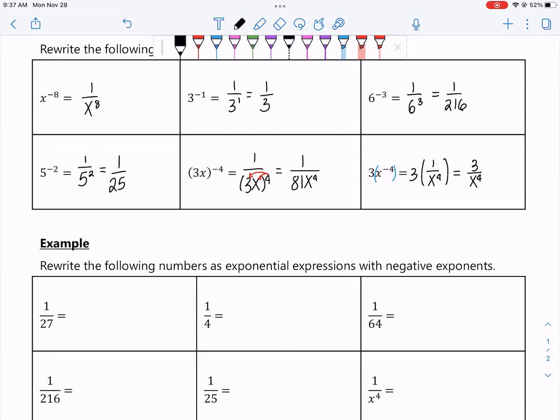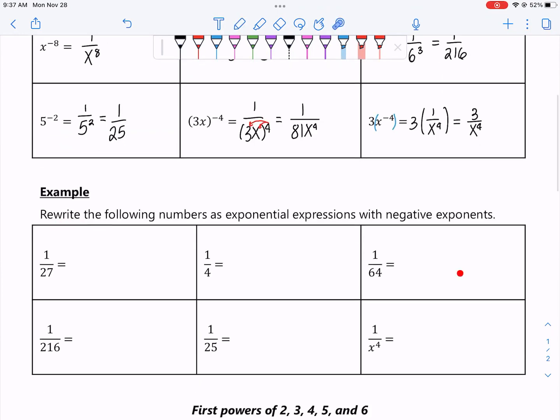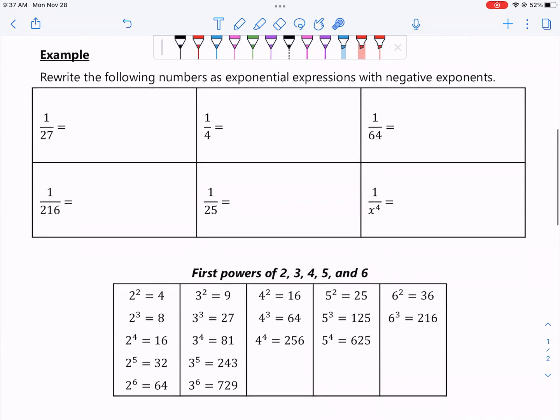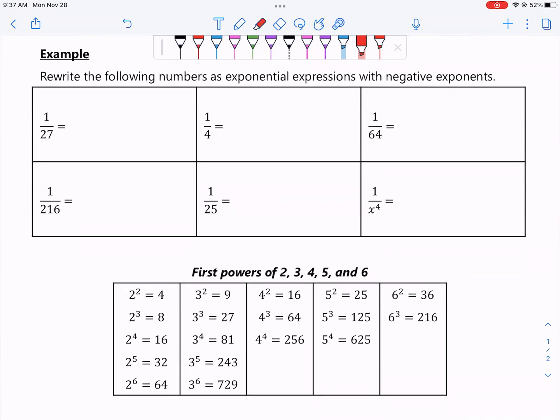All right, now the reverse direction of that. And this one is really, really important because you're going to be doing this in the problems you have in this section. Going from a fraction like this and then rewriting it as an exponential with a negative exponent. So you're going to want to know some of these powers. On the later worksheets, I wrote them in a different order, which is a little easier to read, but it's fine.